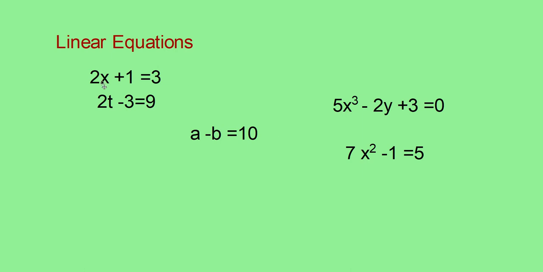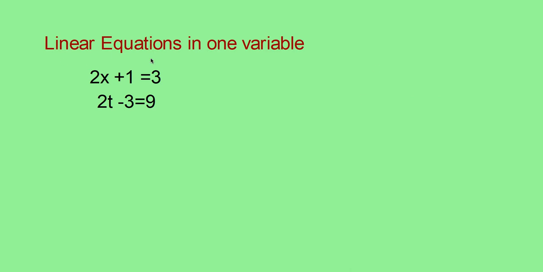So equations of this type, 2x plus 1 is equal to 3 and 2t minus 3 is equal to 9, we call linear equations in one variable. Therefore, a linear equation in one variable is an equation which contains only one variable.